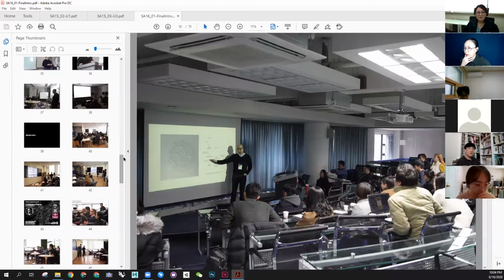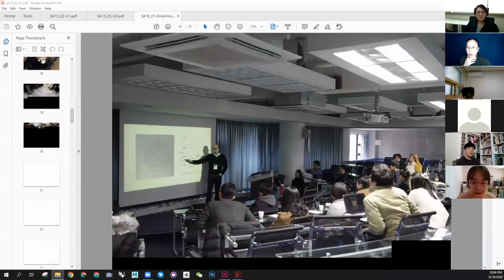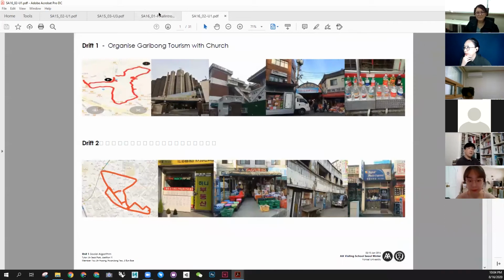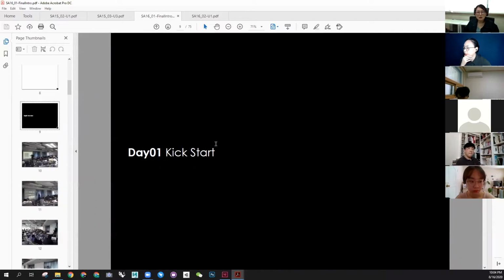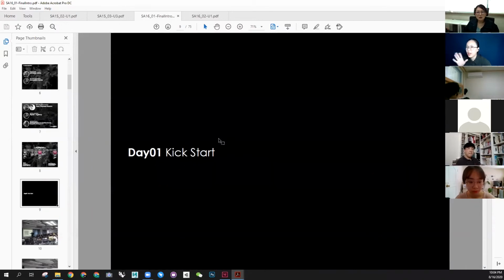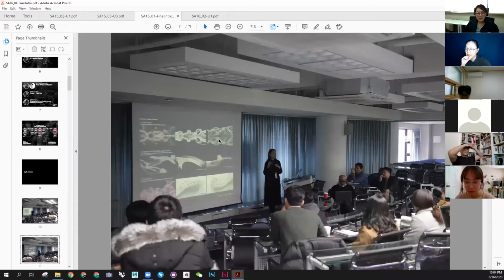We decided to work on the Karibong area. Karibong-dong is a kind of slum-like area, and we started to work on that and started to have more conversations in between.